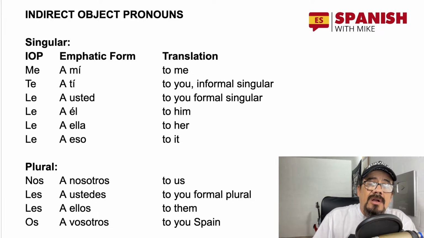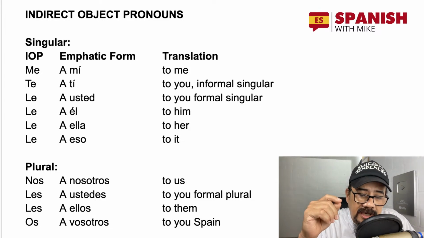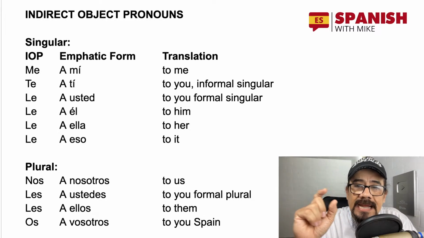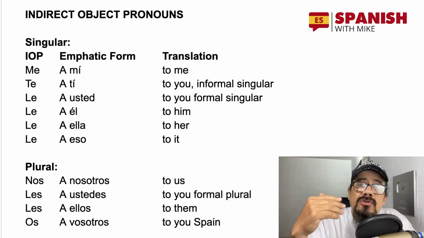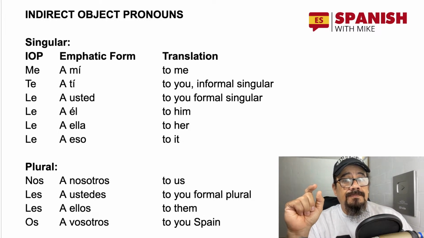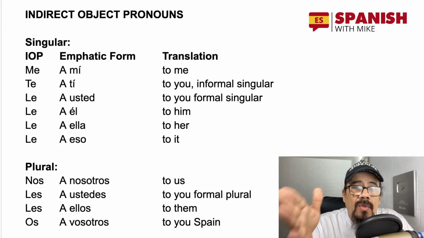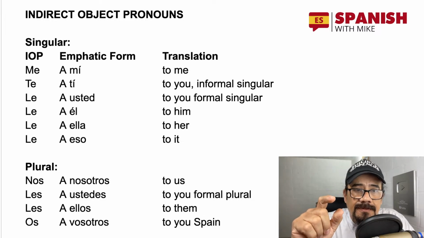Indirect object pronouns in Spanish, which are pronombres de objeto indirecto, that's the name in Spanish, are words that replace or refer to the person or persons who receive the action of a verb indirectly. Those are indirect object pronouns in Spanish.